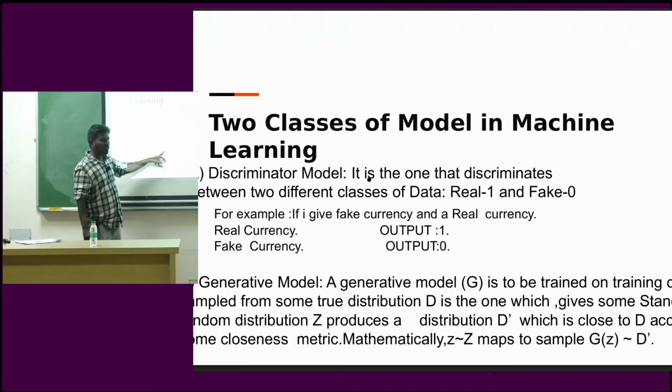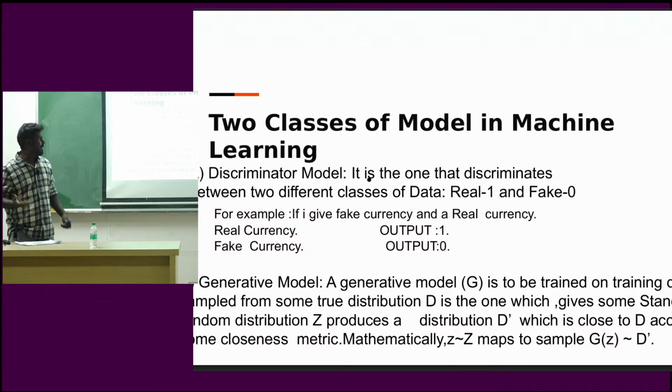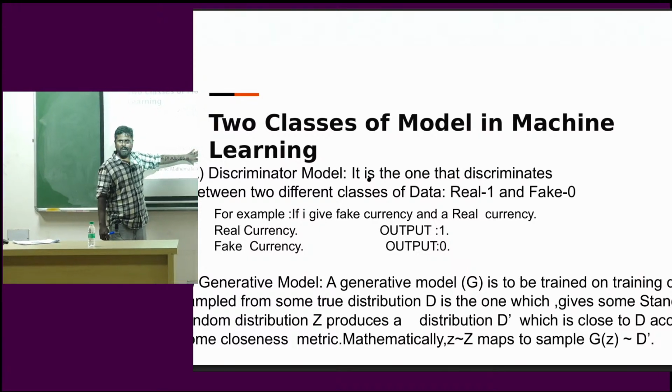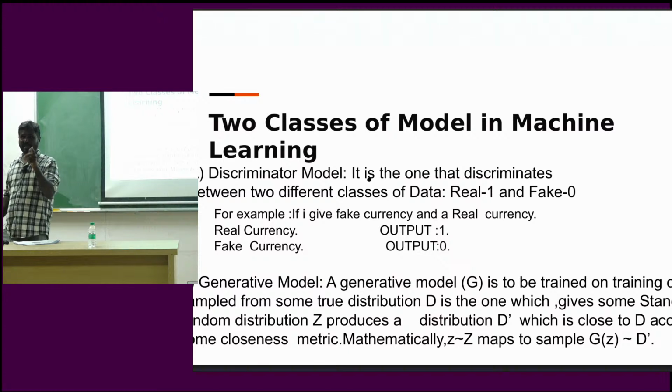What does the generator model do? The generator model generates a fake image or fake sample and gives it to the discriminator. The discriminator says that whatever sample is coming from the generator is fake. But the generative model wants that fake sample to be classified as a real sample.